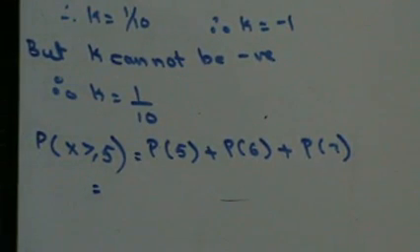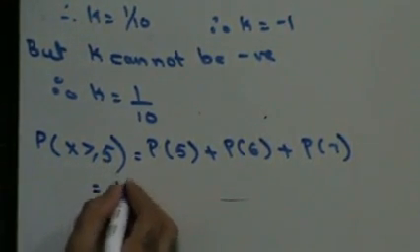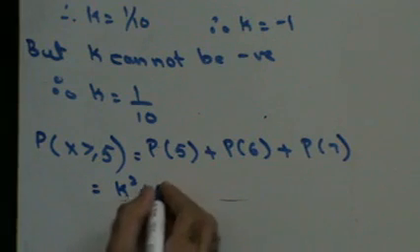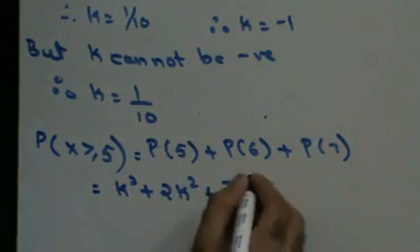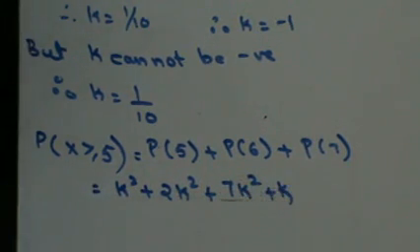So probability of 5 is k square, plus probability of 6 is 2k square, plus probability of 7 is 7k square plus k, right?